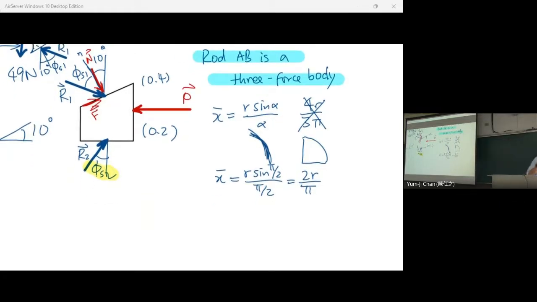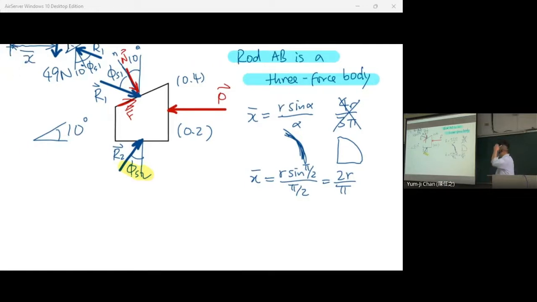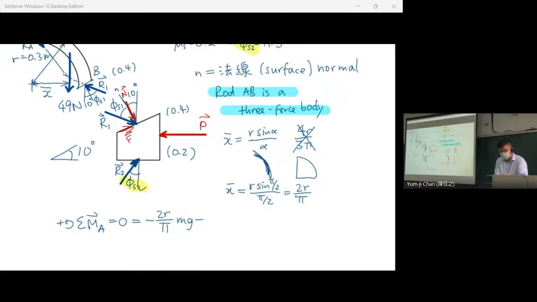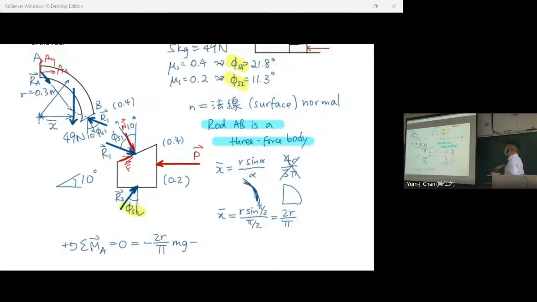Now, we have all the data we need to do the calculation. So for rod AB, we can write summation MA is equal to 0. So it is equal to mg and minus... So let's look at this free body diagram.